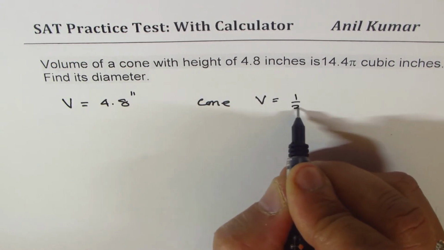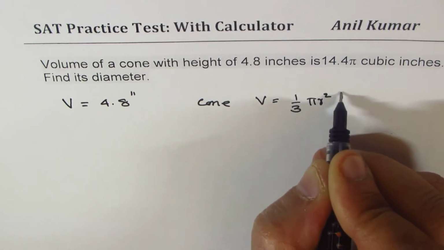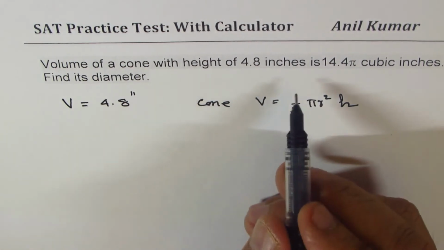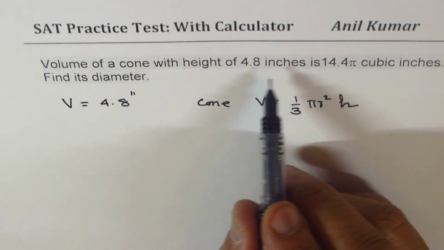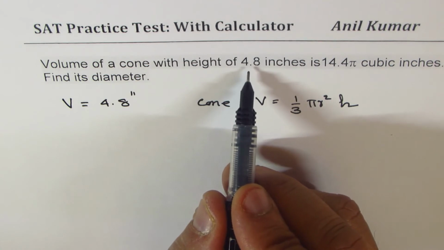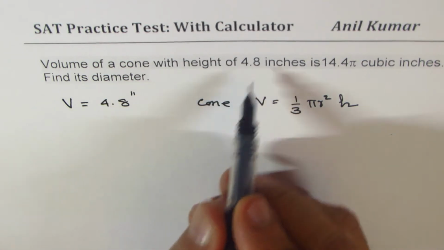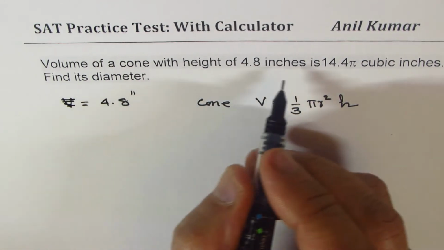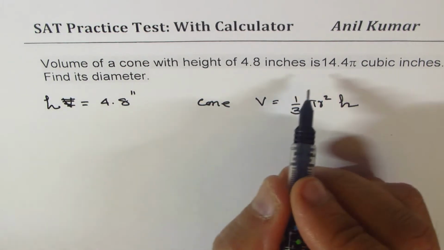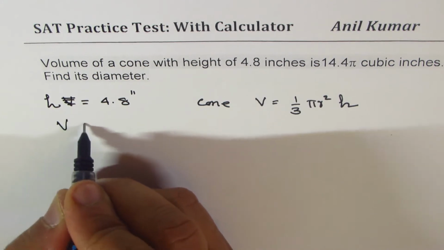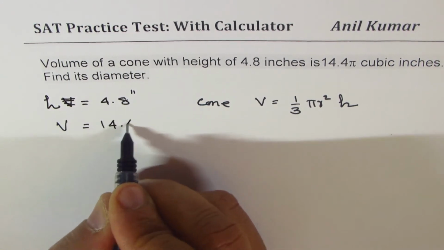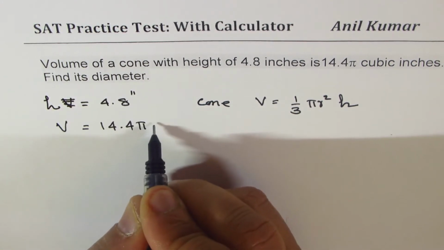It is 1/3 of pi r square h, correct? Height is 4.8 inches, and cubic inches is your volume. So volume is 14.4 pi cubic inches.